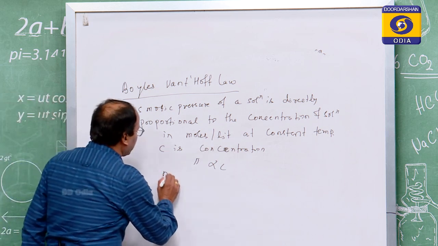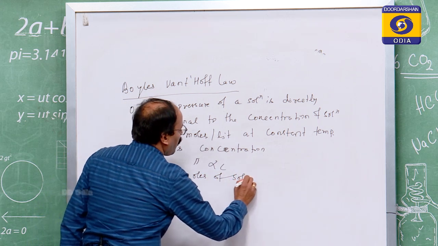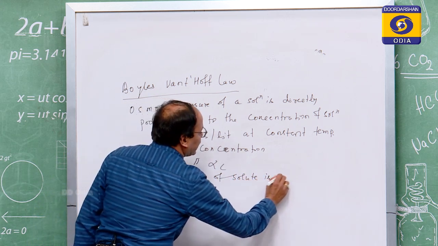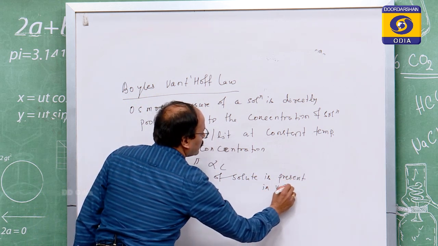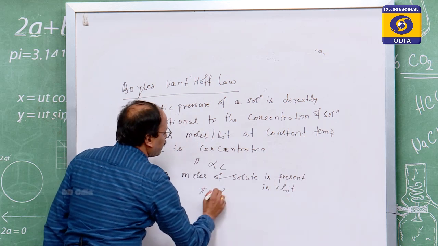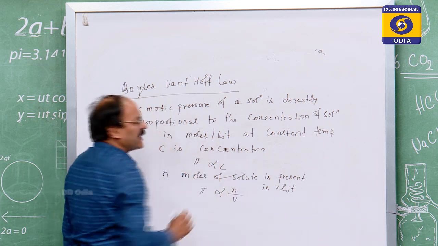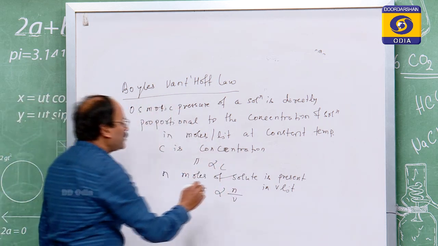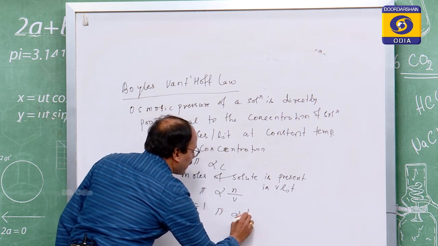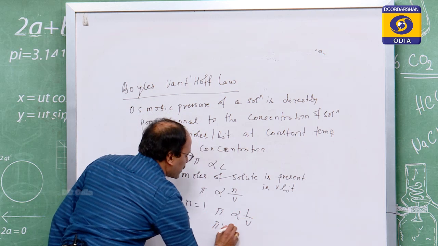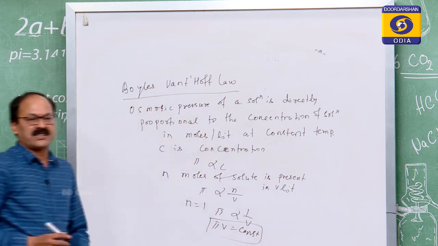If n moles of solute is present in V liter, then pi is directly proportional to n by V. If n is equal to 1, if you take 1 mole, then pi is proportional to 1 by V, or pi V is equal to constant, like P V is equal to constant, like Boyle's law.